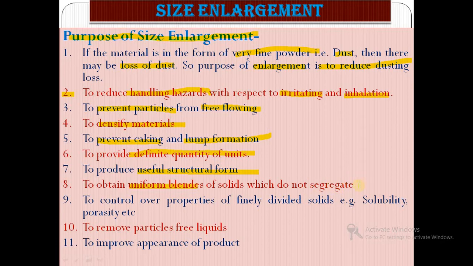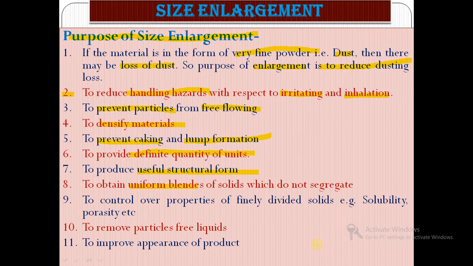All the size enlargement products have the same size and shape. If we convert dust particles into 500 milligram quantities, then all the units have 500 milligrams by using the technique. The next one is to control properties of the final divided solids, that is, solubility and porosity.